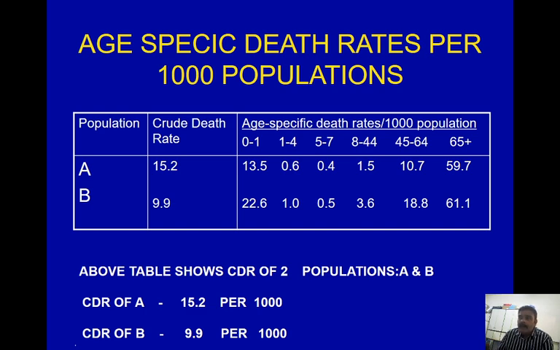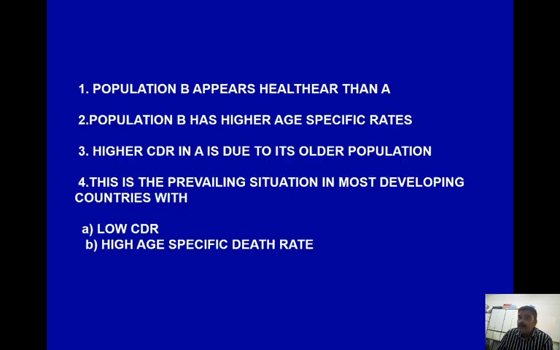Whereas the crude death rate of population A is not good, because 15.2 out of 1,000 people are dying. So population B appears healthier than A. Naturally, it's 10 versus 15.